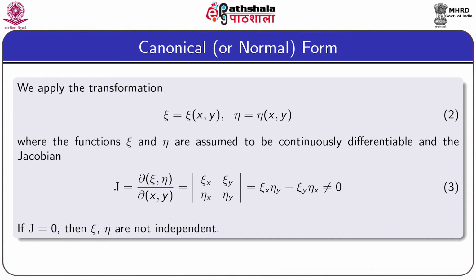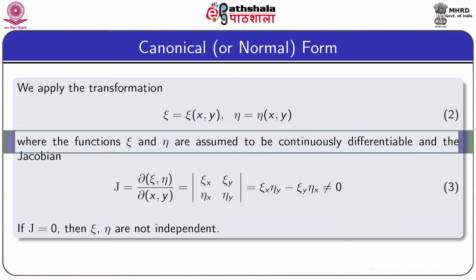To obtain the normal form, we need a transformation of the independent variables. So, let us take that transformation as xi and eta. Xi is some function of x and y, and eta is also some function of x and y. We also assume that xi and eta are continuously differentiable.